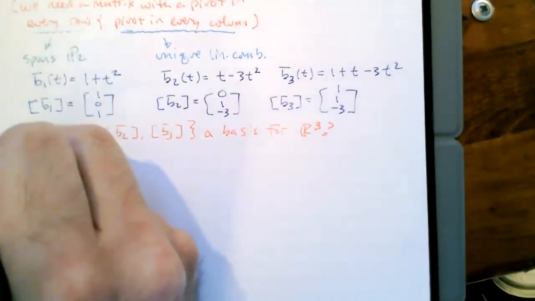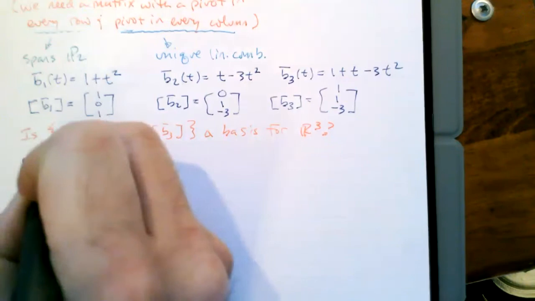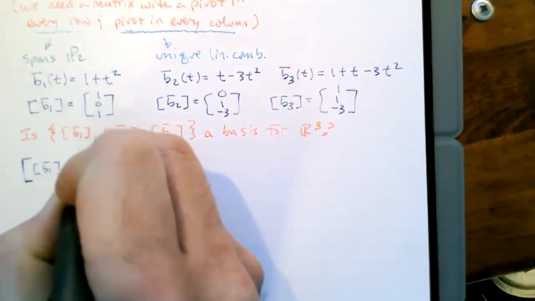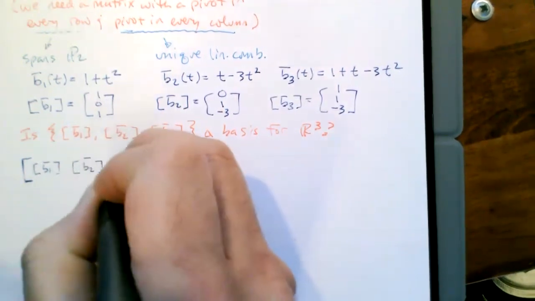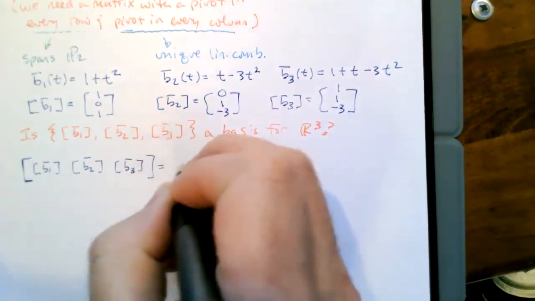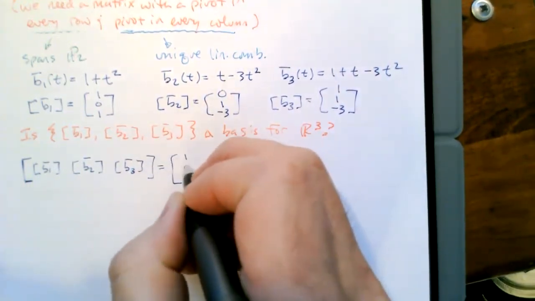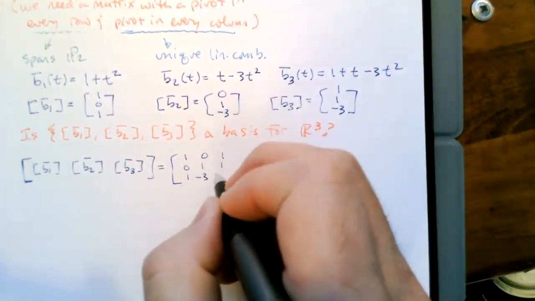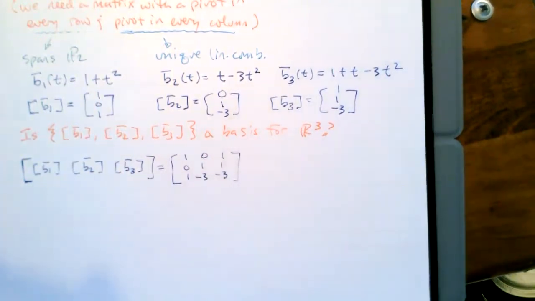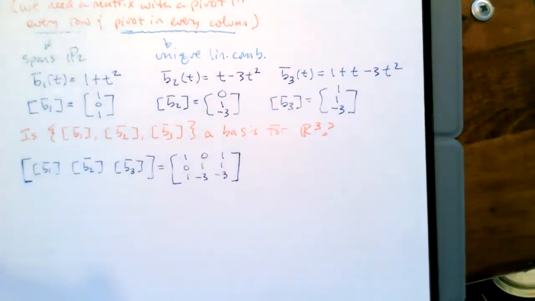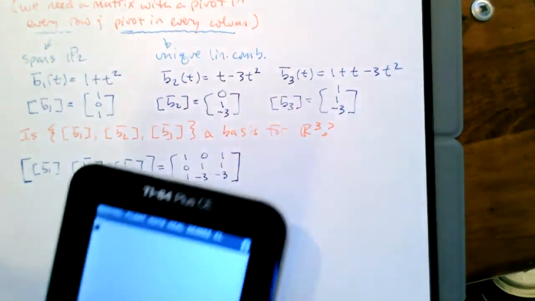So I'm going to make the matrix where the columns are the standard coordinates of B1, B2, and B3. We want to make sure that there's a pivot in every row and a pivot in every column. So I'm going to find the reduced echelon form of this matrix.